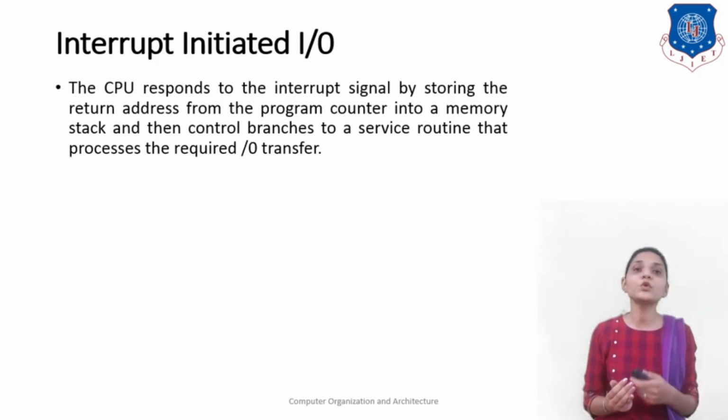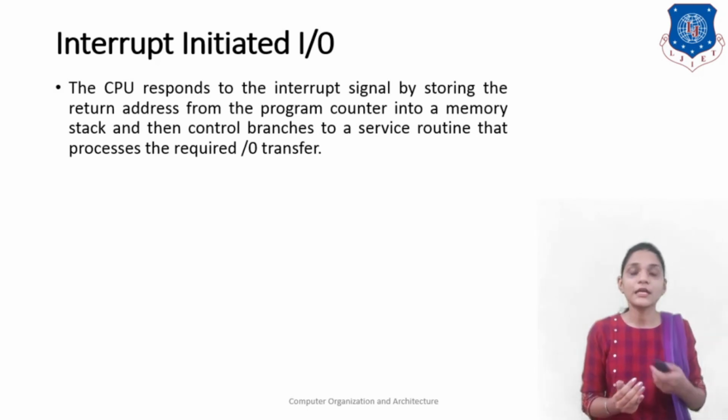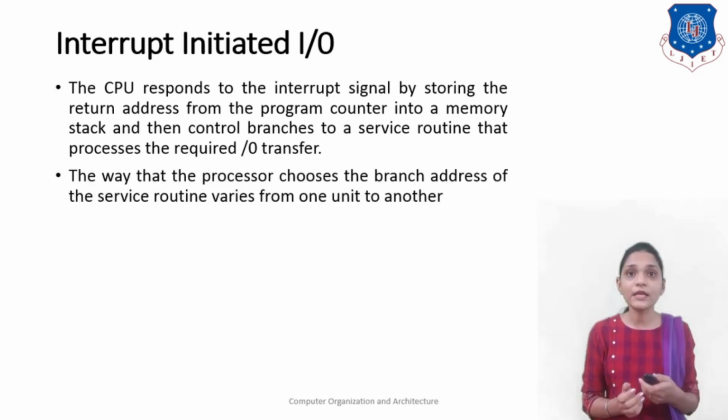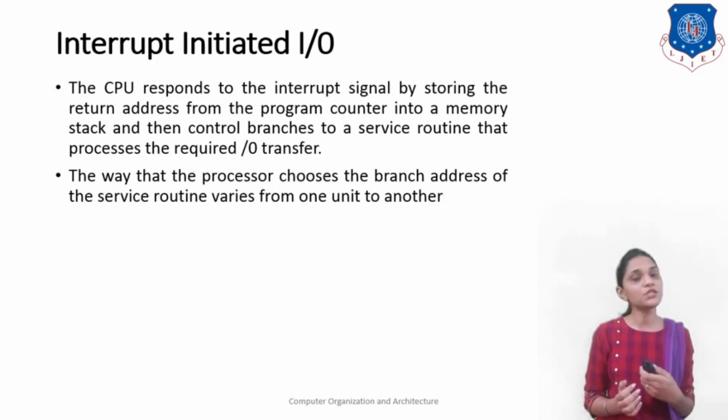In this, the CPU responds to the interrupt signal by storing the return address from the program counter into the memory stack, and then control branches to the service routine that processes the required IO transfer. The way the processor chooses the branch address of the service routine varies from one unit to another.